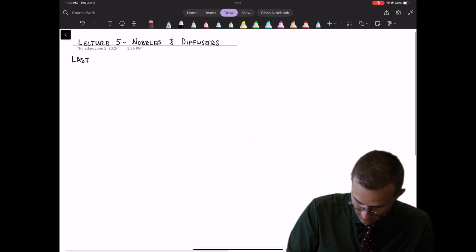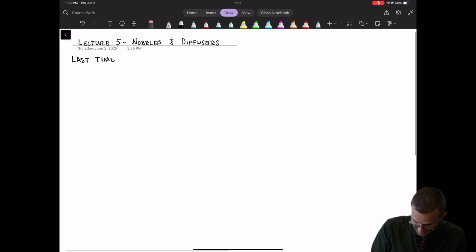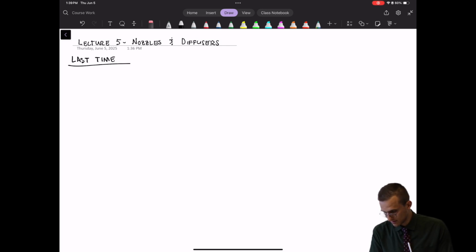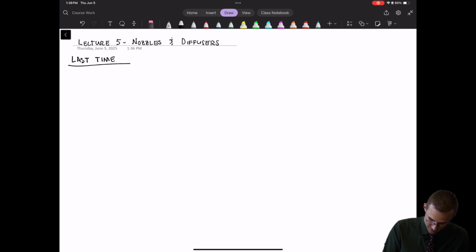So, in the last lecture, we came up with a lot of very important relationships in terms of the Mach number. So things like the stagnation enthalpy, the stagnation temperature, and the stagnation pressure, all in terms of the Mach number.